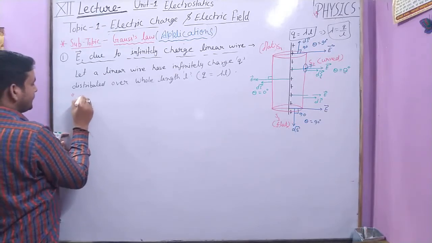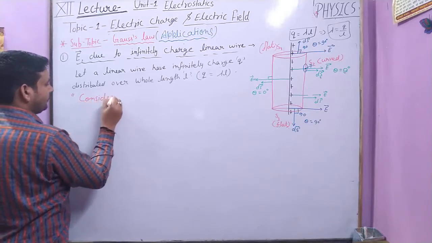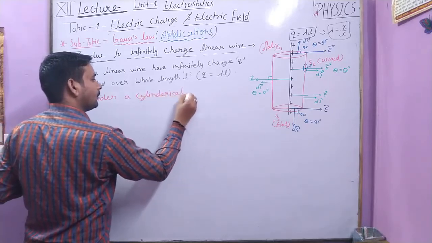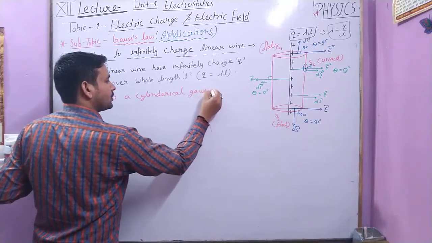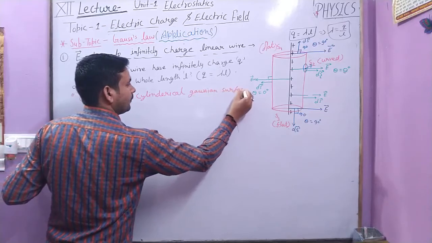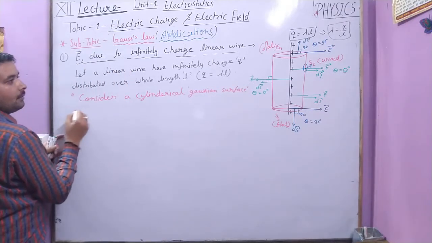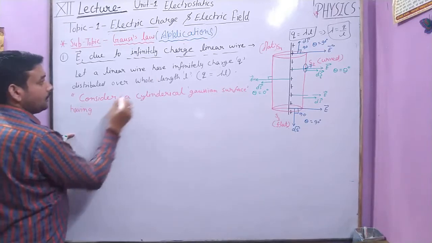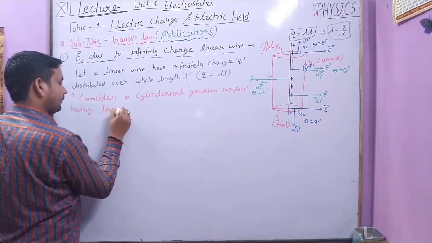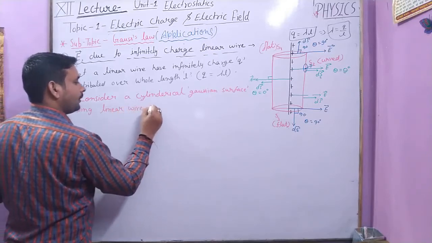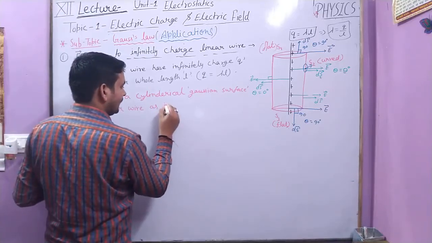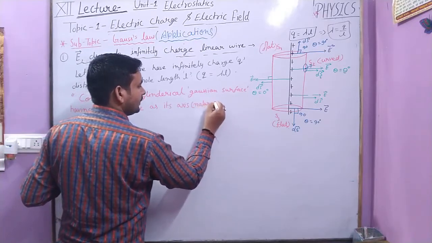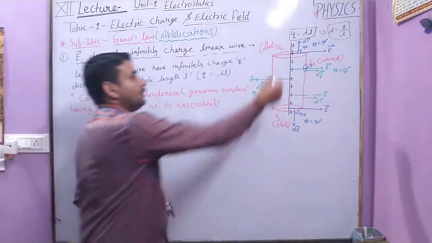Consider a cylindrical Gaussian surface having the linear wire as its axis, which is a natural axis.